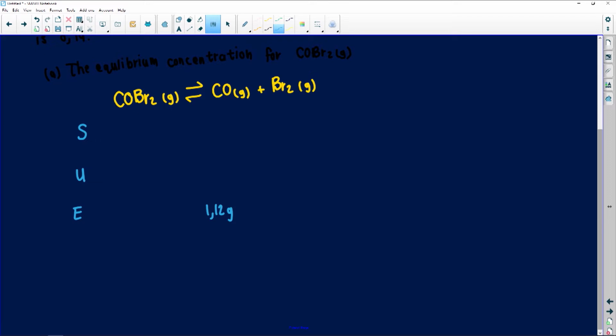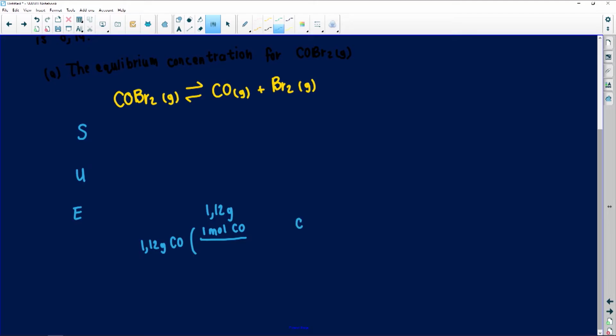My first method: if I have 1.12 grams of CO, I know for every 1 mole of CO, it is equivalent to some mass. Now I have to calculate. Remember, in grade 10, we talked about molar mass and so forth. I know that CO is made of carbon and oxygen.